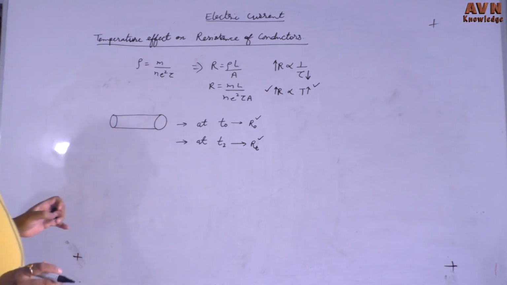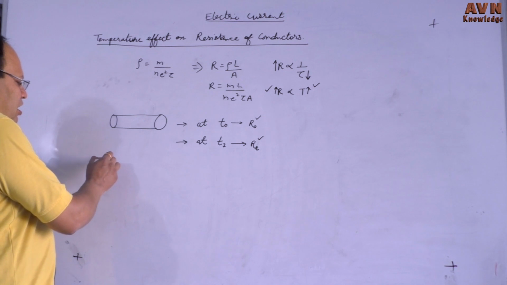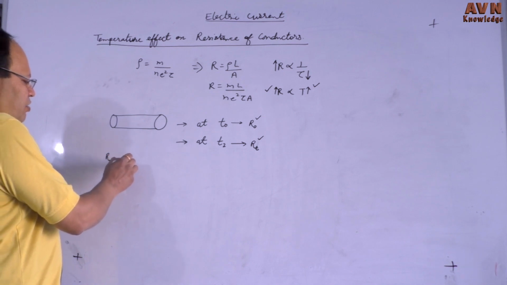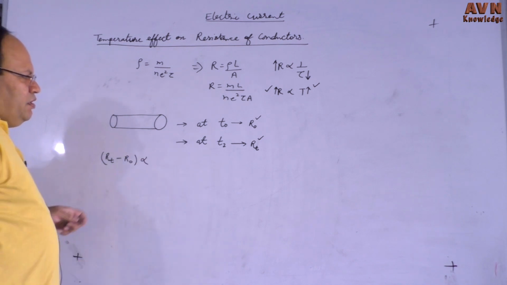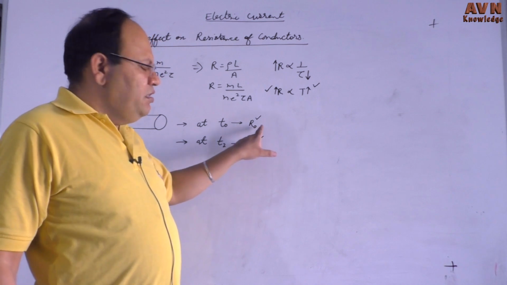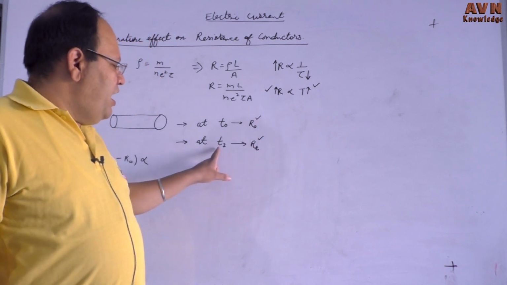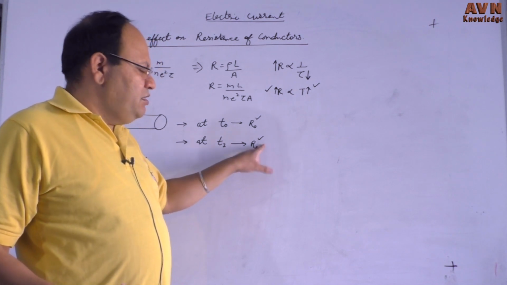So the basic formula concerns the difference of the resistance, RT minus R0. At another temperature, the resistance is different.